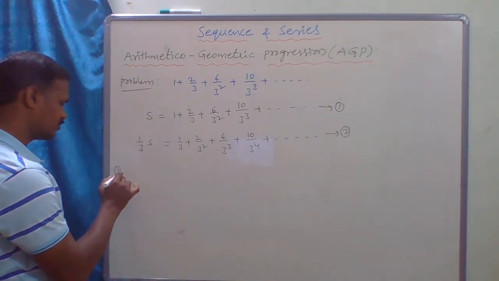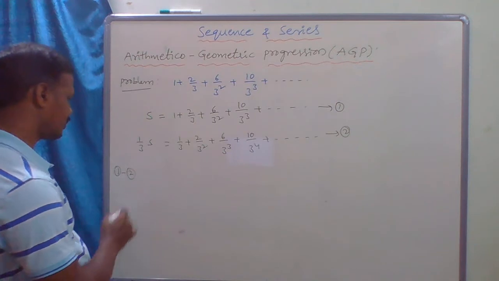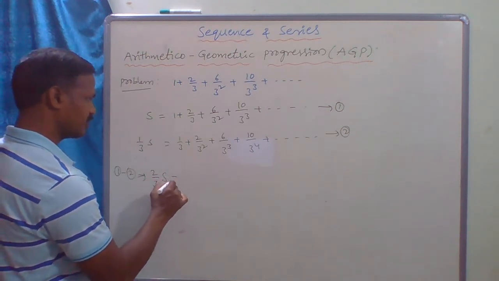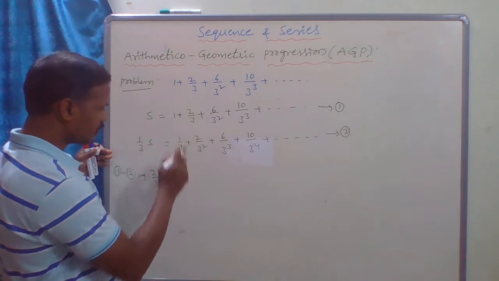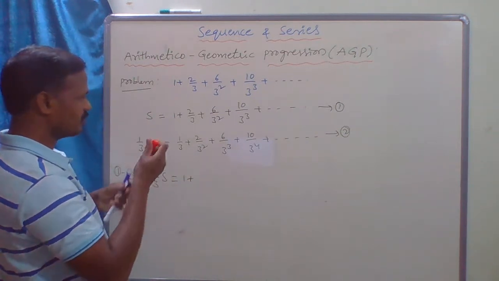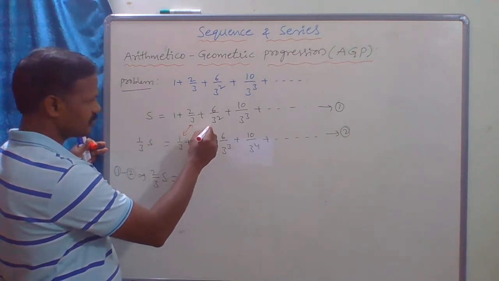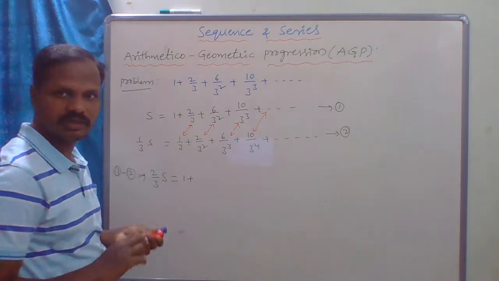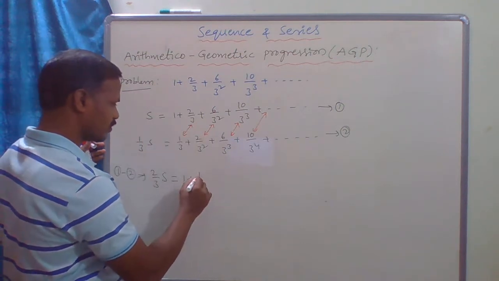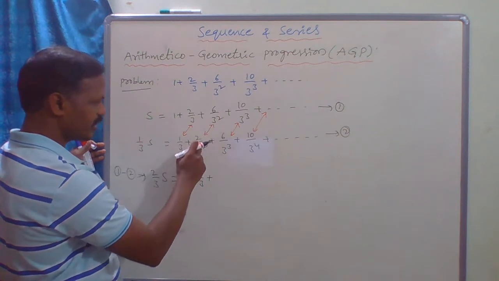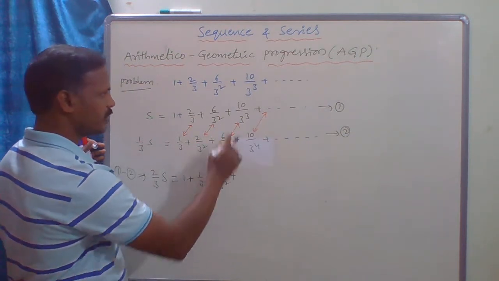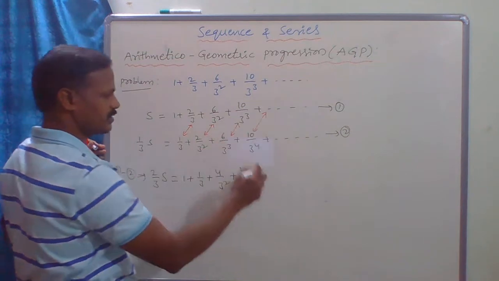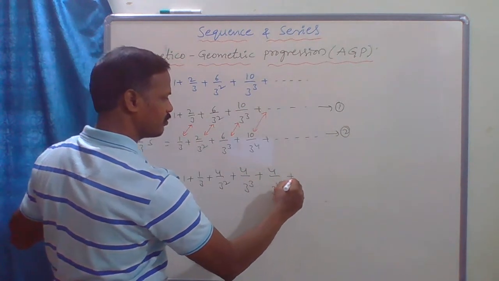Now subtract 2 from 1. So 1 minus 1 by 3 S, which is 2 by 3 S, equals the following. Observe, make the subtraction like this: 1 plus 2 by 3 minus 1 by 3, that is 1 by 3; 6 by 3 square minus 2 by 3 square, that is 4 by 3 square; plus 10 minus 6, 4 by 3 cube; plus 14 minus 10, so 4 by 3 power 4, plus so on.